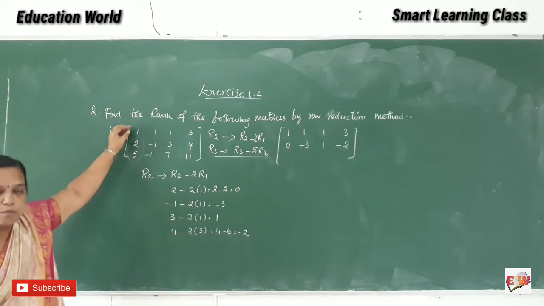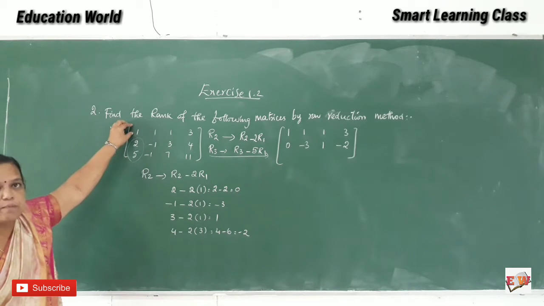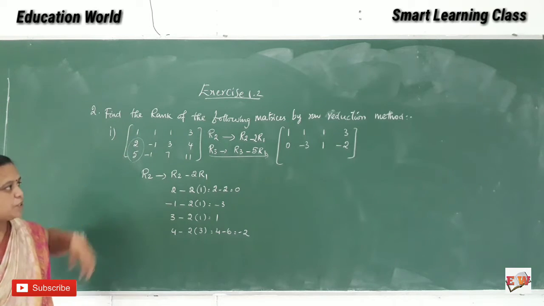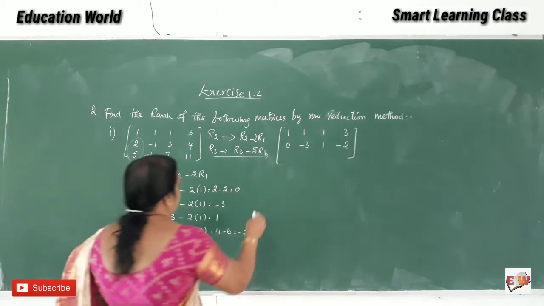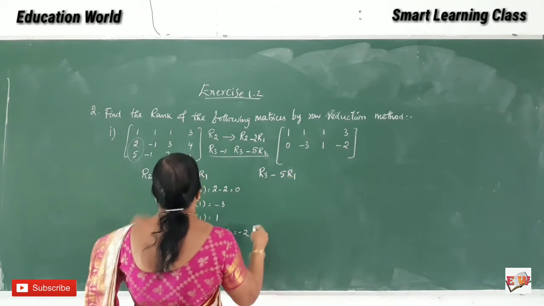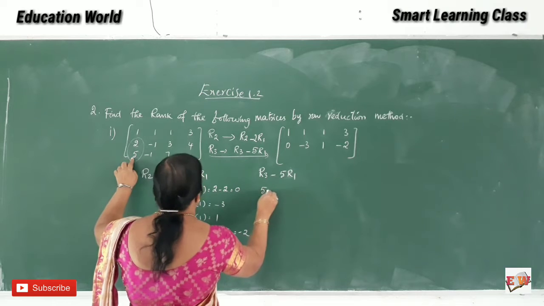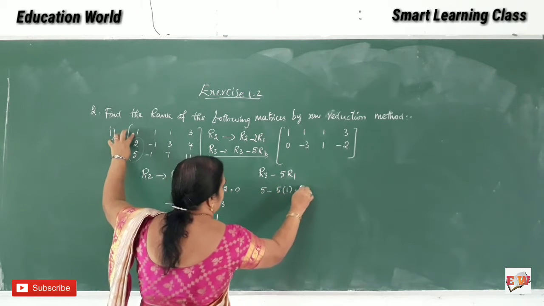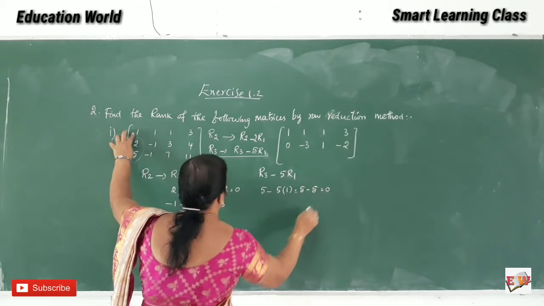In the first column, apart from the first element we should bring all the entries to 0. R3 minus 5R1. 5 minus 5 into 1 is 0.